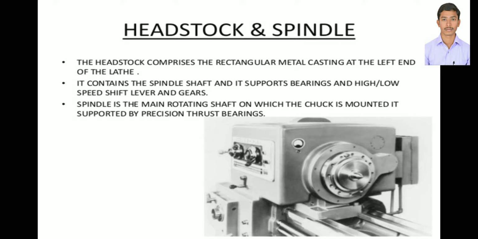That's why the headstock is not moving. The headstock should be fixed on the bed of the lathe machine. The spindle is the main rotating shaft on which the chuck is mounted. It is supported by thrust bearings, so the spindle of the headstock rotates.